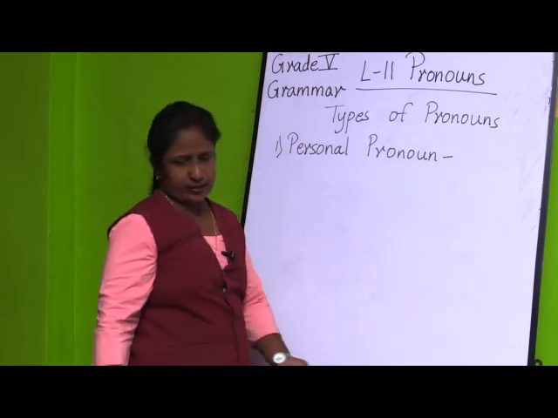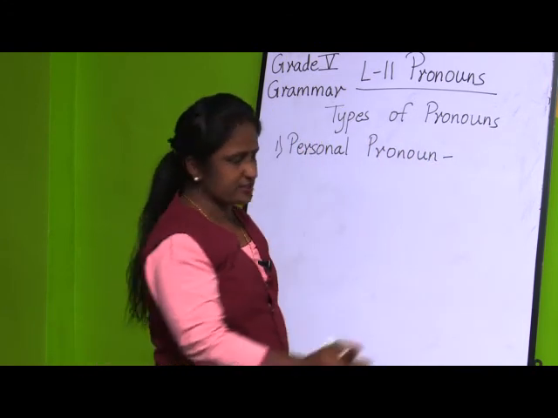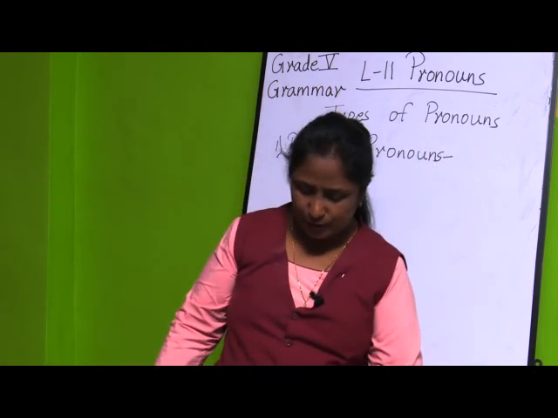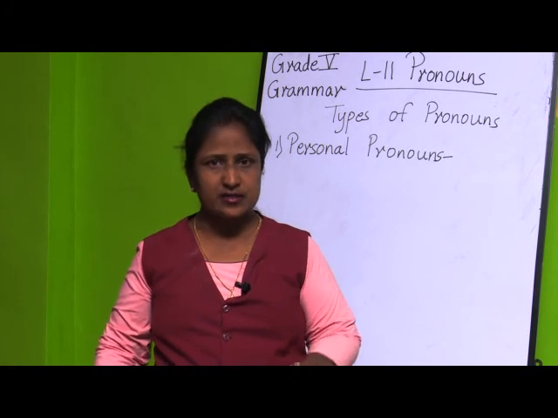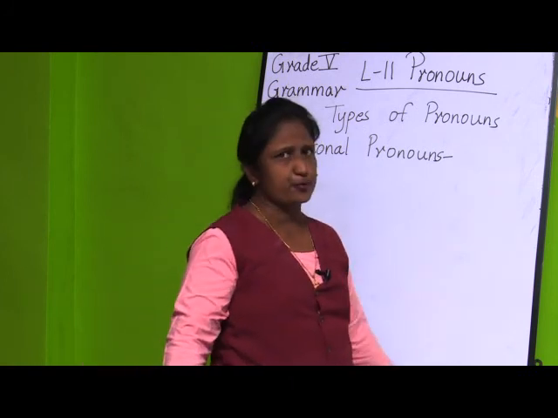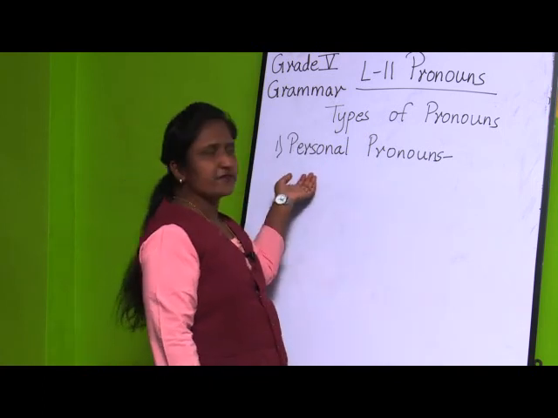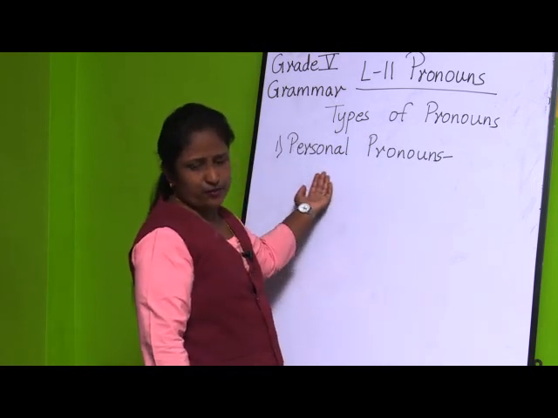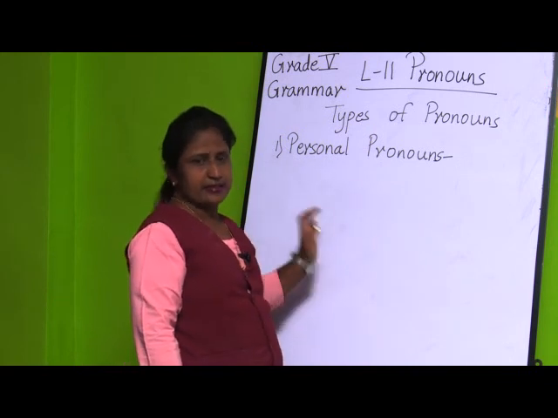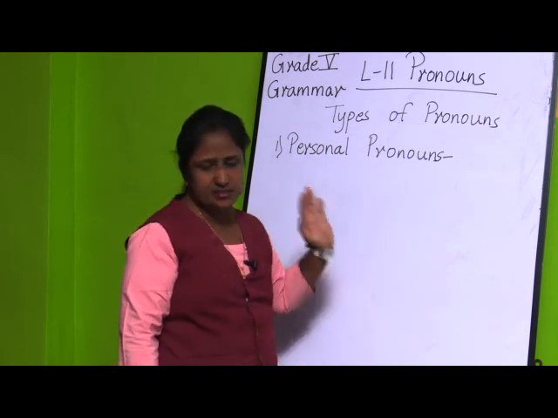Pronouns which are used in place of the names of persons, animals and things are called personal pronouns. The name itself tells us that when we are talking about the names of any persons, animals and things, those are called personal pronouns.